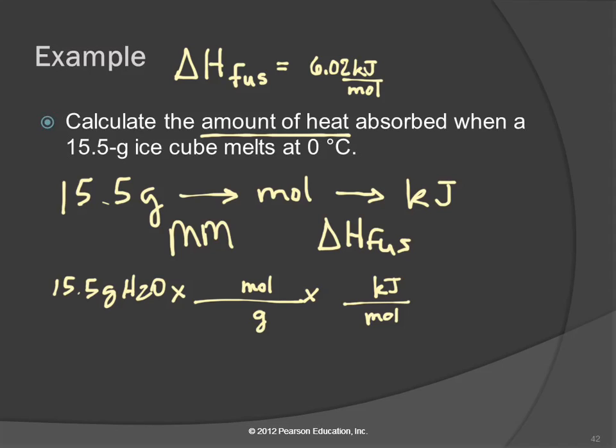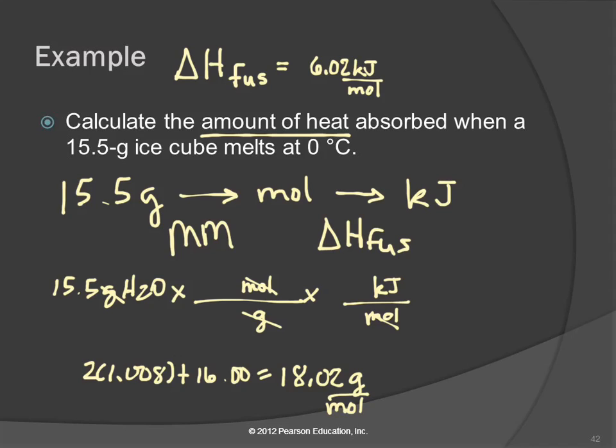We decided we're going to go grams to moles to kilojoules, so we need to divide by moles here, so those cancel out, and divide by grams, so those cancel out. We need the molar mass of water. Well, it's 2 times 1.008 plus 16, which is 18.02 grams per mole. So this is 1 mole for every 18.02 grams of water. And then the heat of fusion was 6.02 kilojoules.